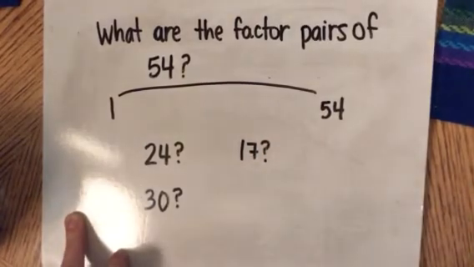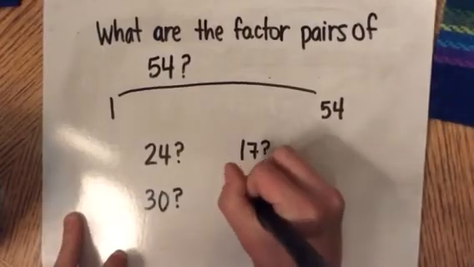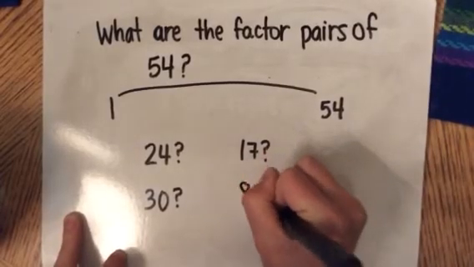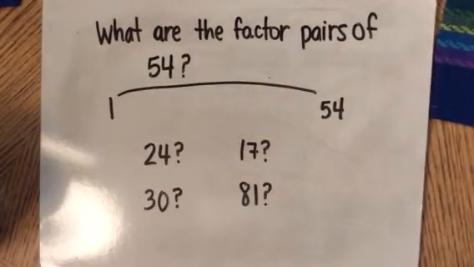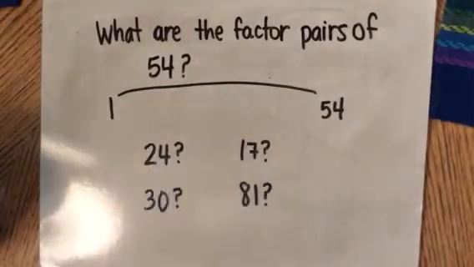Or what are the factor pairs of 81? Again, that might be another challenge if you're ready for that. So on your own whiteboard, you can show me a rainbow for these numbers and take a picture on Seesaw and explain how you found the factor pairs of that number using a rainbow.